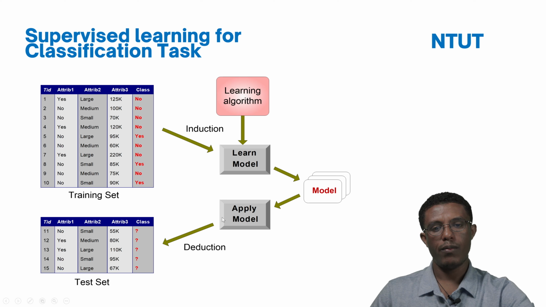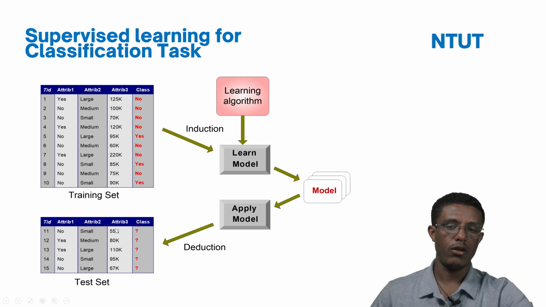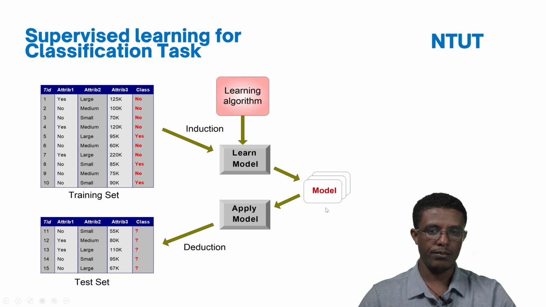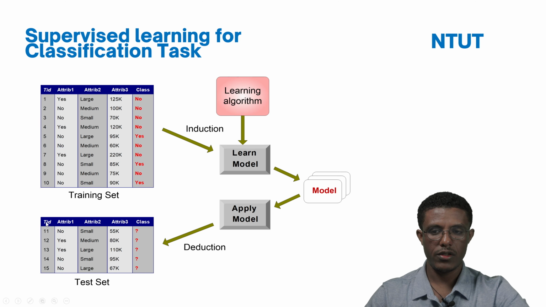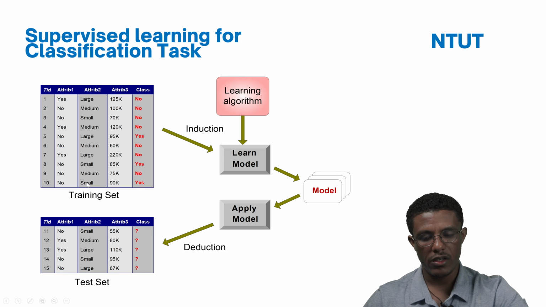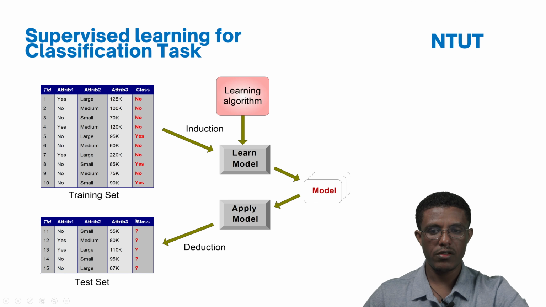Then we apply this model and test it by giving only the attribute values. You see, this one is the test data. We say that our model is already trained using the training data set, and it's ready to predict the class. The test data has the same structure as the training data set above, but the only difference is that in the test data we don't know the class.